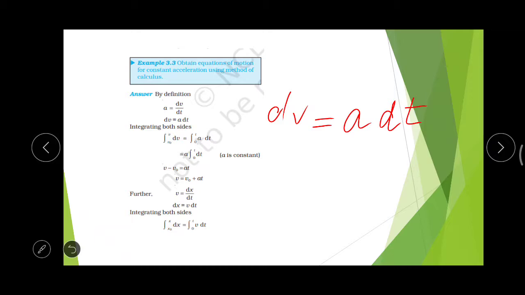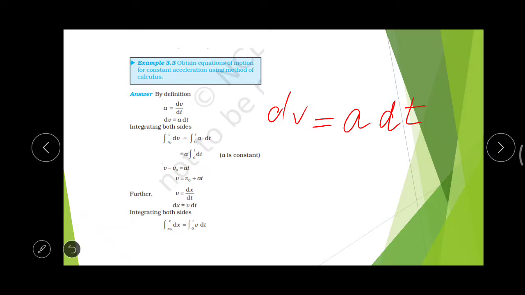Differentiation in the sense we are just taking only a small fraction of the entire value. But in integration, if you have a fractional value, with the help of that fractional value you find the entire value.